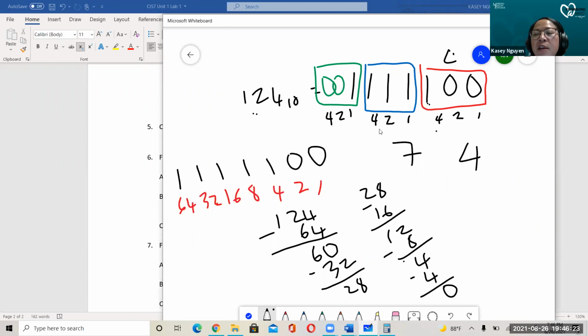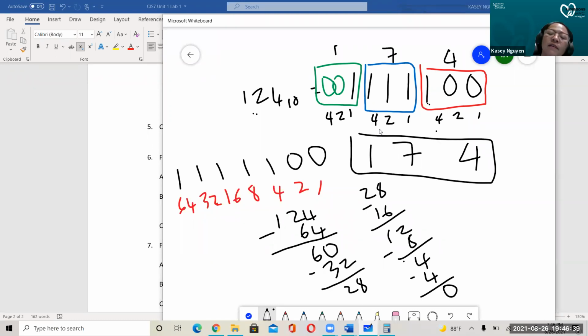So a 4 here, a 7 here, okay? And the last one on the left, the only bit that's turned on is the 1. So you are going to have a 1. 1, 7, 4, base 8.